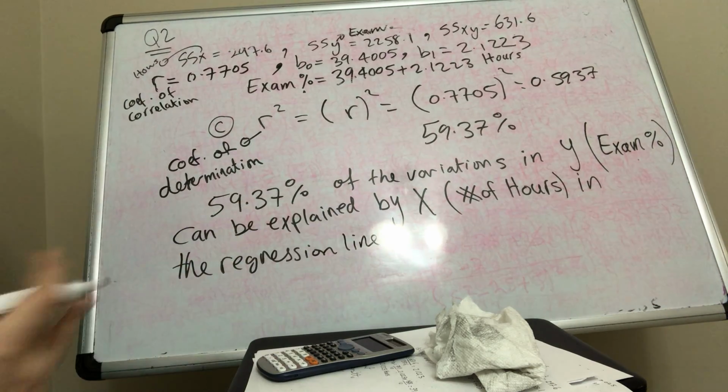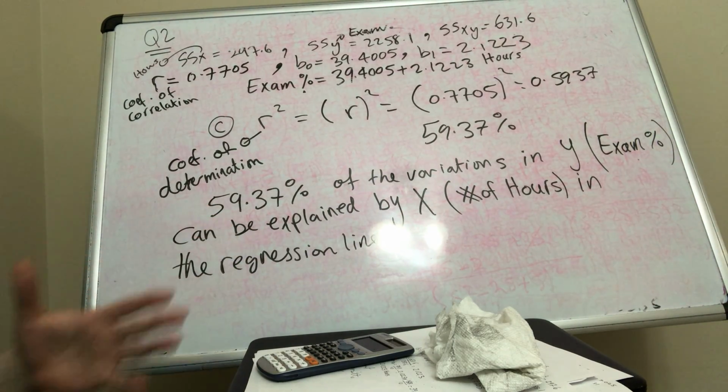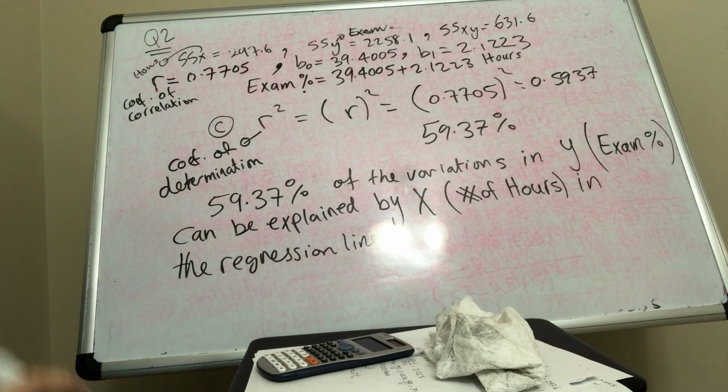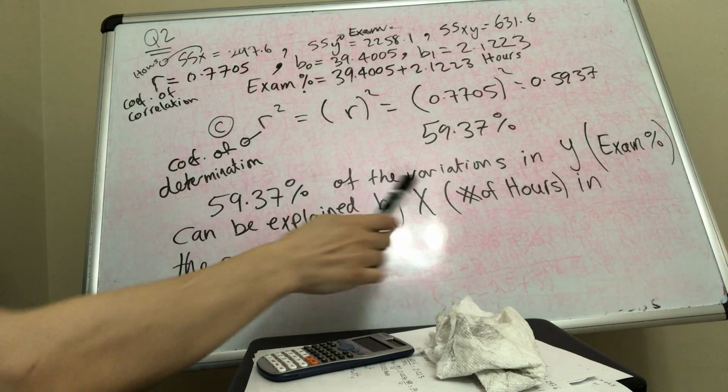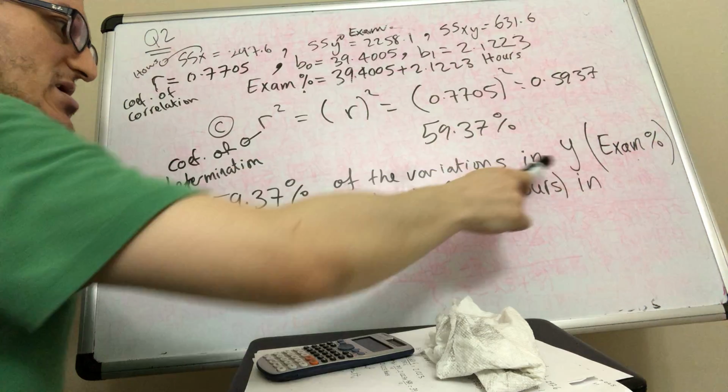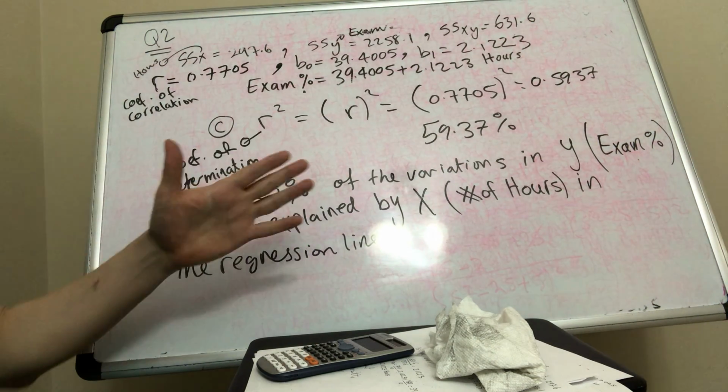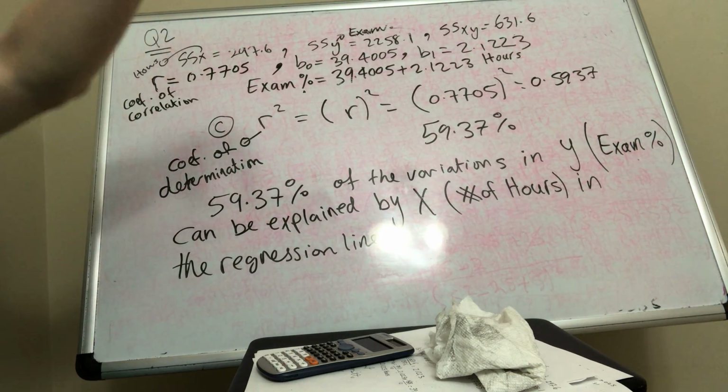So the interpretation of R squared is standard. Only the percentage change and what Y was and what X was, but everything else is the same.